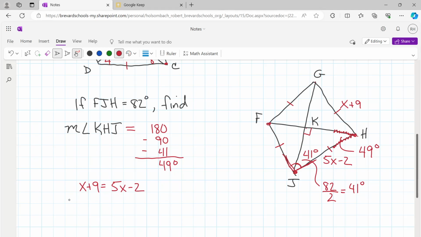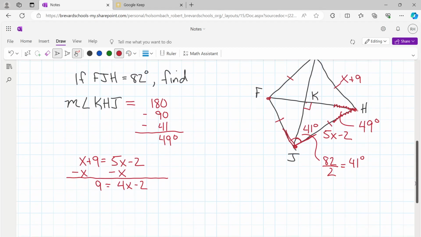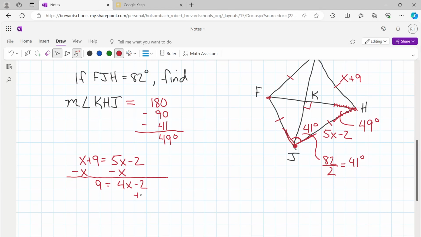All right, so let's subtract x from each side. And 9 equals 4x minus 2. Can add 2 to each side. So 11 equals 4x, and then divide both sides by 4. And 2.75 equals x.